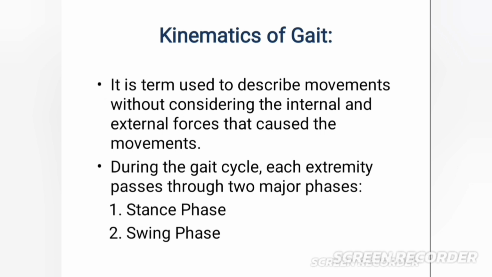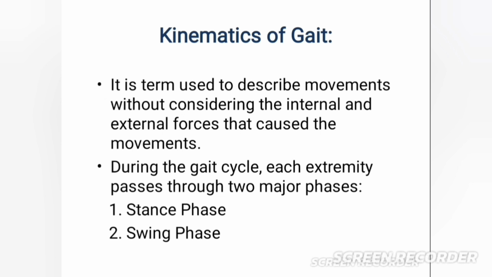In the gait cycle, each extremity has two phases. The first one is the stance phase, and the second one is the swing phase. In detail, we will see what the stance phase and the swing phase are. The stance phase begins at the instant that one extremity contacts the ground and continues as long as some portion of the foot is in contact with the ground.